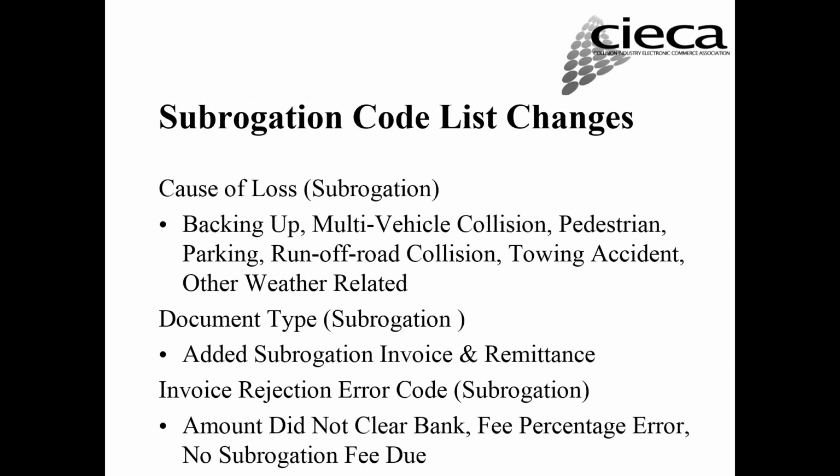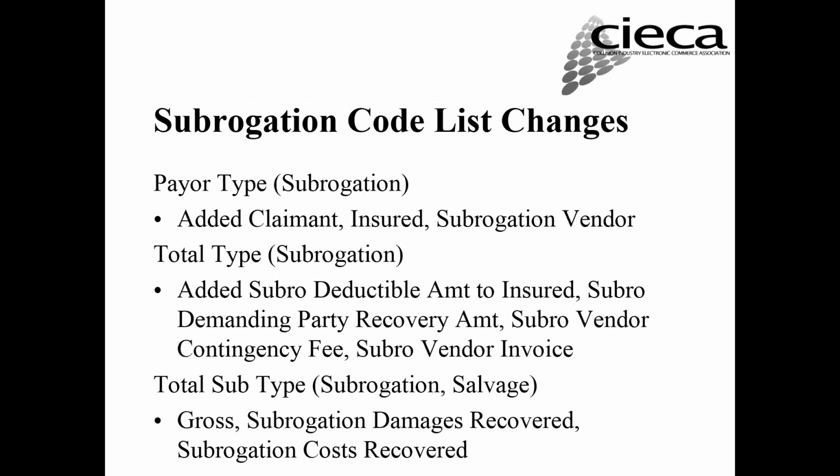And invoice rejection error code added amount did not clear bank, fee percentage error, and no subrogation fee due. Subrogation code list changes were also to payor type, where we added claimant, insured, and subrogation vendor.